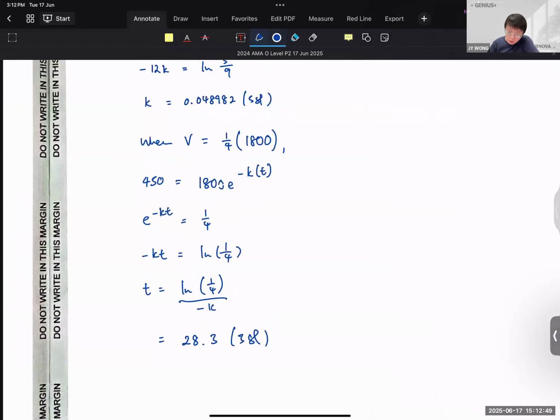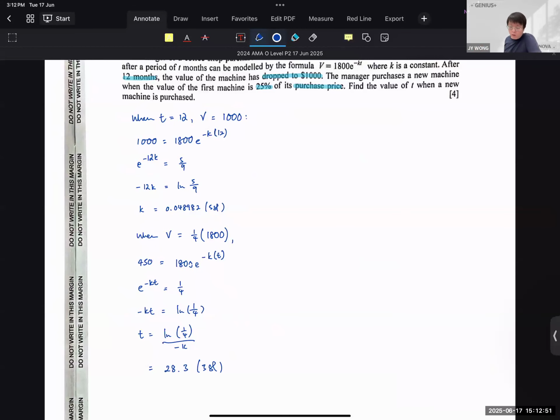Then always read the question. 28.3 is an interesting value here. What will you leave it as? Kaylin, what do you leave the answer as? You left it as 28.3. I wouldn't leave the answer as 28.3.